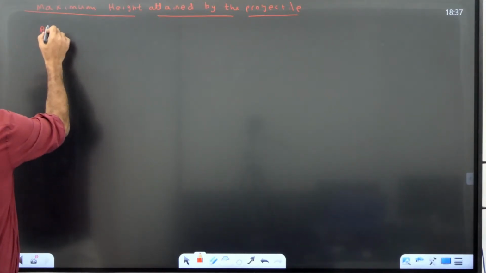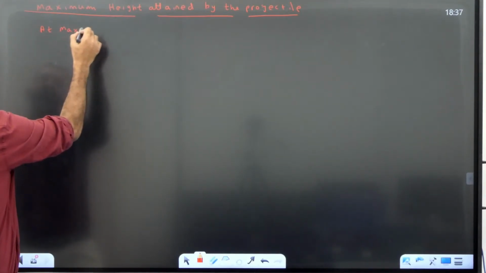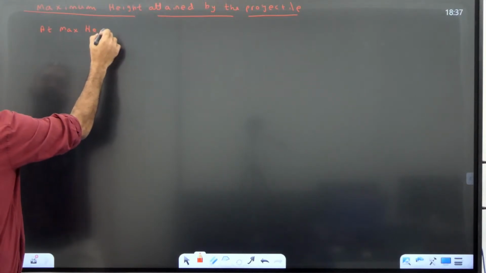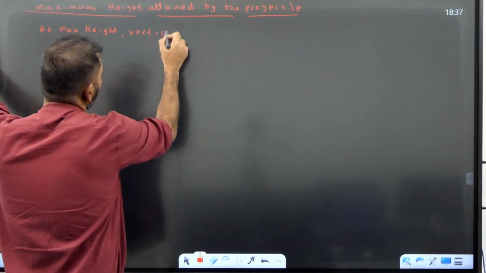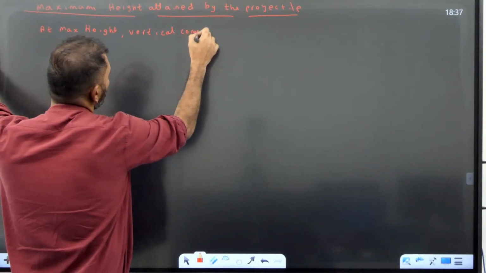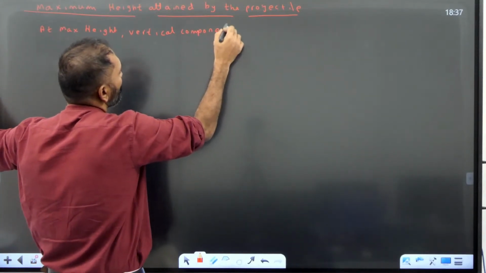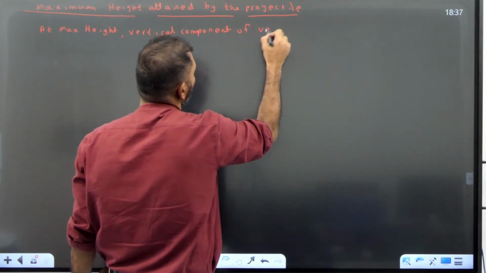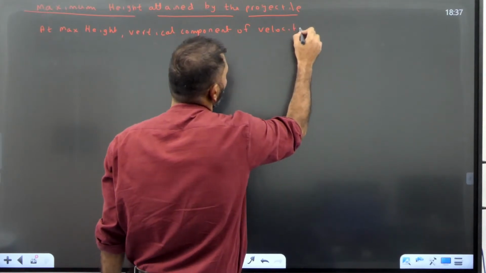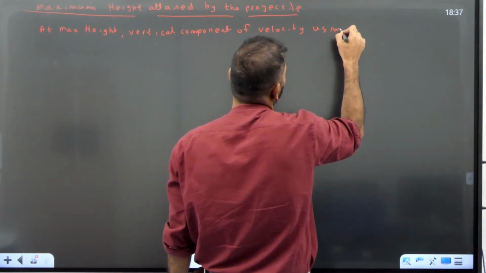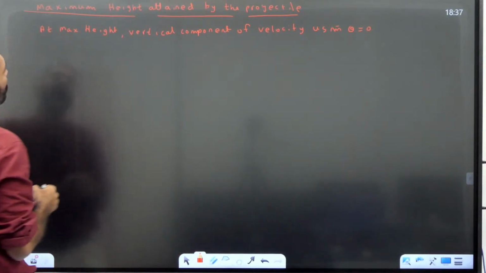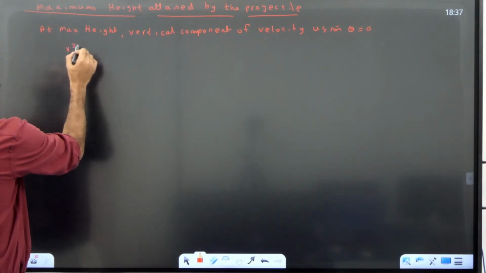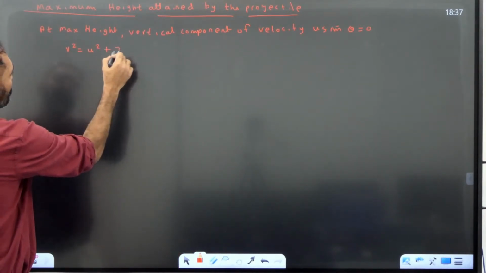At the maximum height, again, the vertical component of velocity u sin theta is equal to 0. We know that v square equal to u square plus 2as.